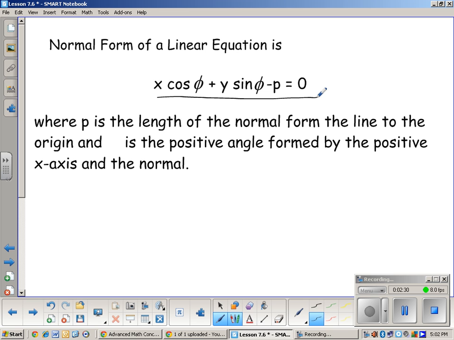You see I have a typo. This is from the line to the origin. And phi is the positive angle formed by the positive x-axis and the normal.